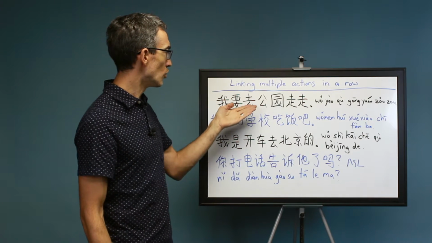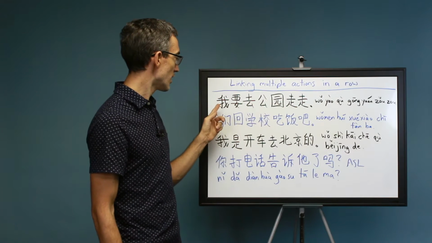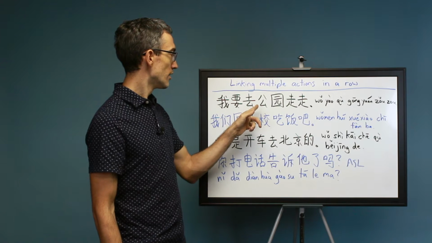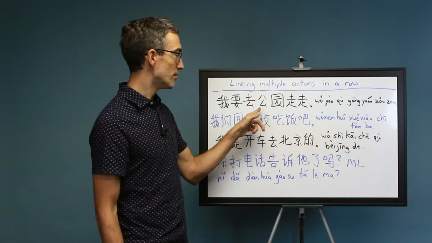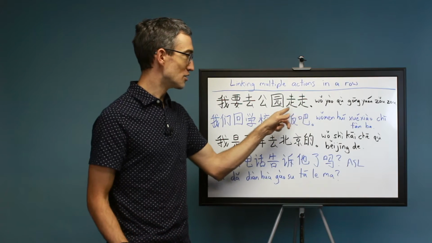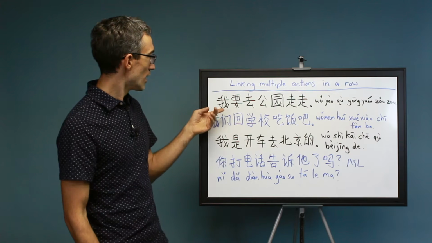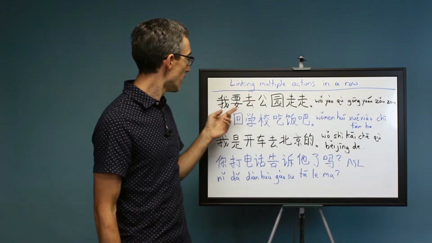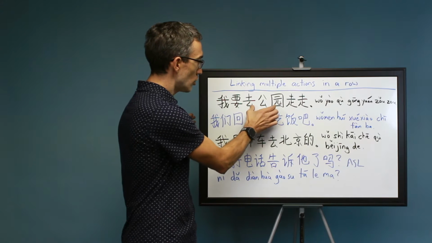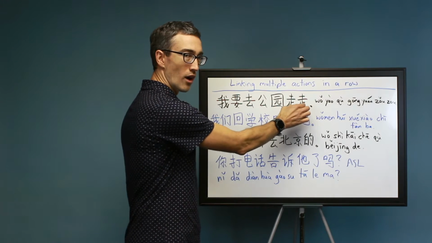我要去公园走走. So here we have I want or will go, and then we have 公园, park, and 走走, walk. Remember the reduplication of verbs? It just makes it sound more casual. So we have the phrase 去公园, go to the park, and then we have the phrase walk.